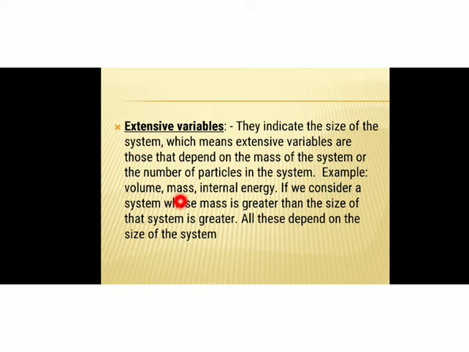For example, volume, mass, internal energy, etc. These can be considered extensive variables because they depend upon the size of the system. If the mass is greater, then the system is greater.